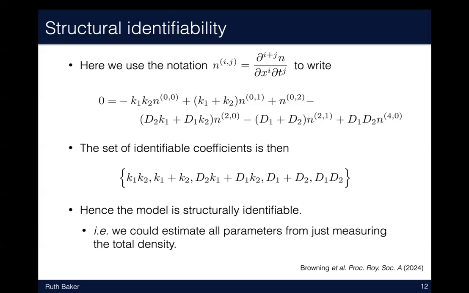So if I have perfect data n, I would be able to measure these coefficients. And if you just look at it quickly, you can see that if you can get the product and the sum of the rate parameters, you can get each one of them individually. And if you can get the product and the sum of the diffusion coefficients, then you can get each one of those individually. So in theory, this model is structurally identifiable, which means that in theory, I could estimate all the model parameters just by measuring the total cell density.